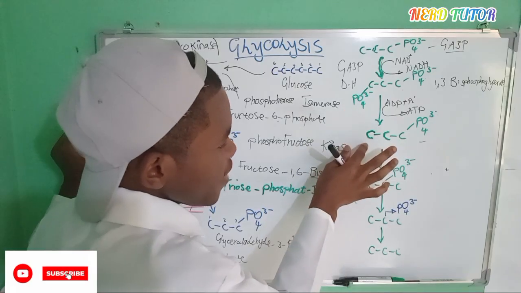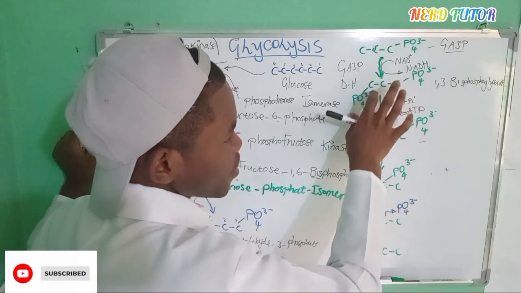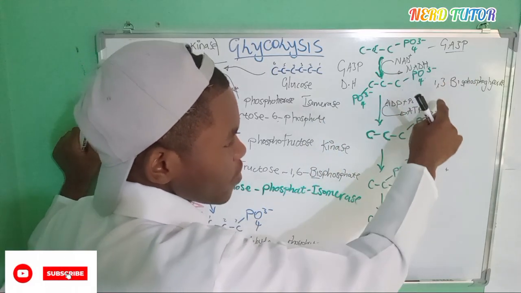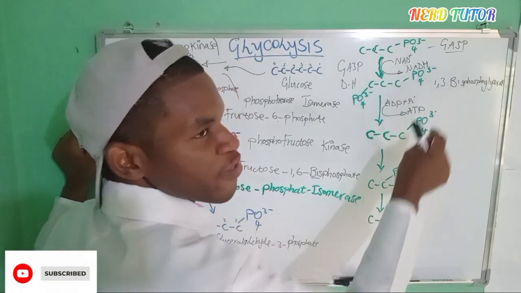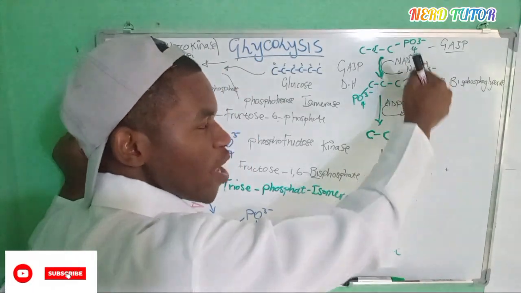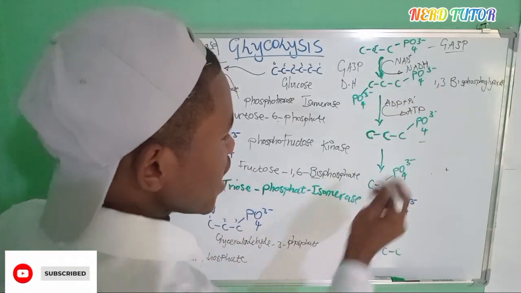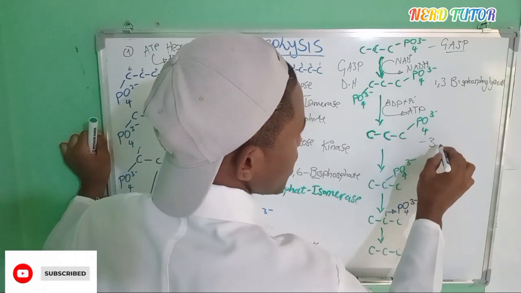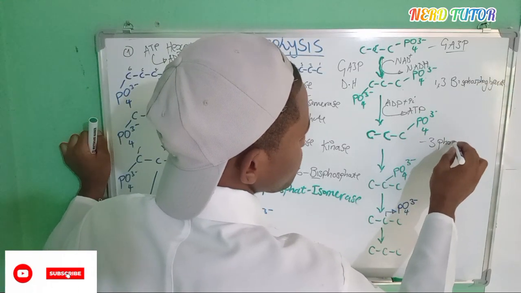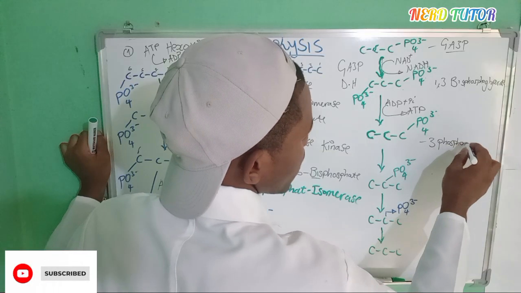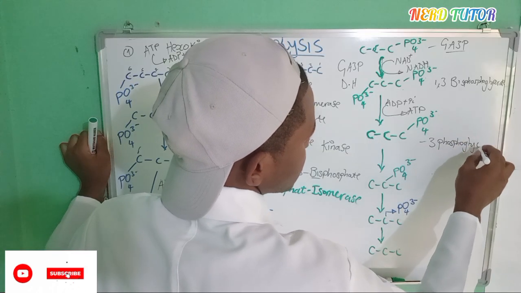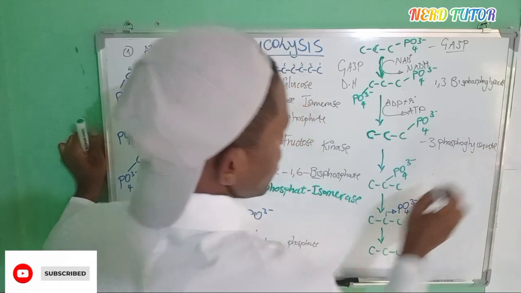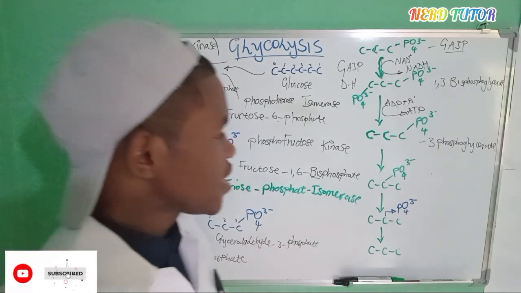But if we remove the phosphate group at carbon number 1, even the bis we're going to remove, because we're just going to remain with 1 phosphate group. So in short, the name of this one is very simple. We're just going to get this same one. It will be a 3-phosphoglycerate. Okay, that is the name of that molecule which has been produced because it is having just 1 phosphate.